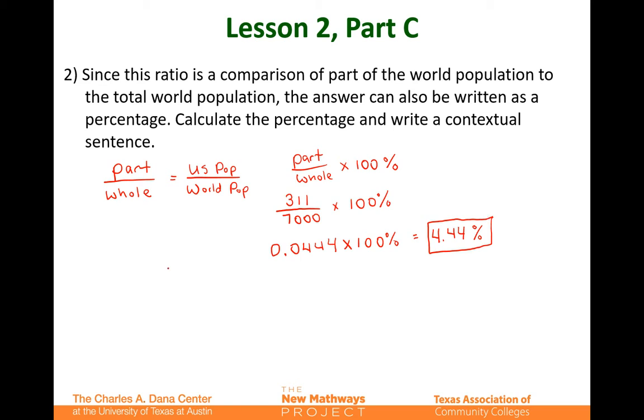Write a contextual sentence. What does that mean? It means let's put these numbers in some context. The U.S. population is 4.44% of the world's population.